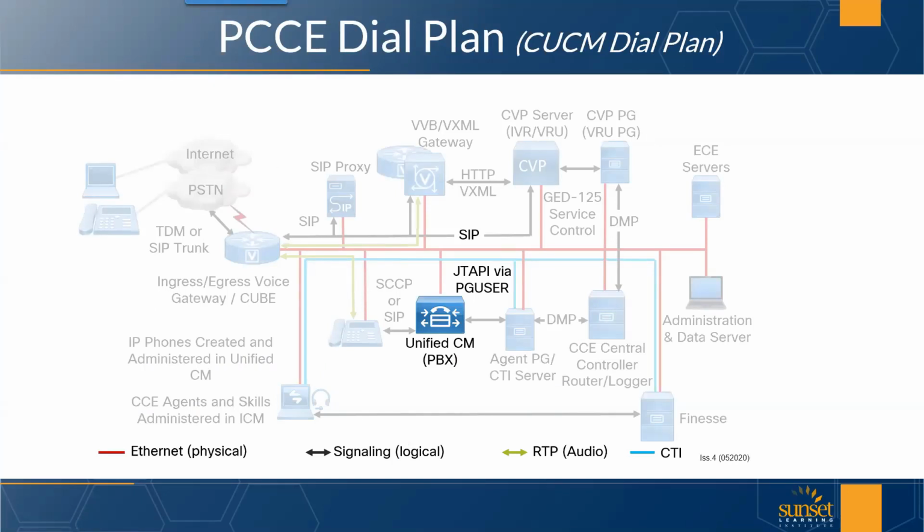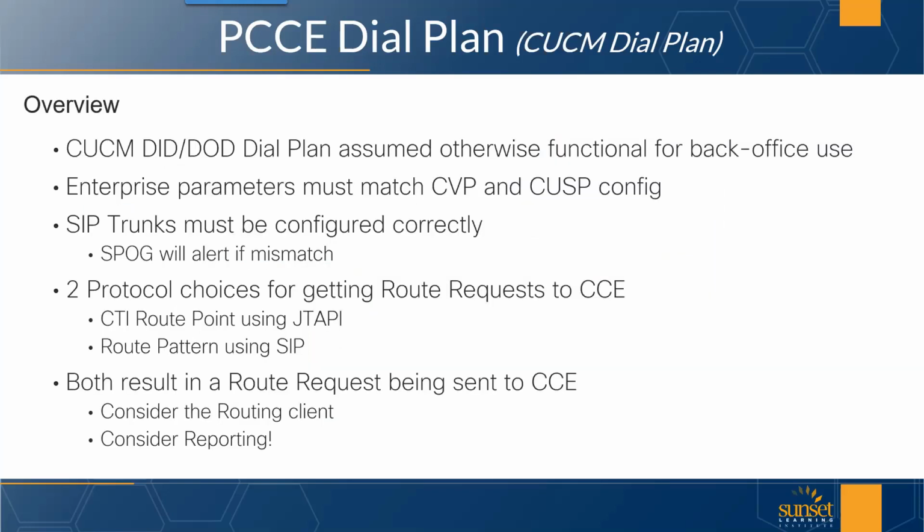And I know we've reached our hour, but a couple more slides just to go through, because we want to also talk about the dial plan with reference to Call Manager. Call Manager clearly is part of this environment. We're assuming here that Call Manager is in and functional for back office use already.